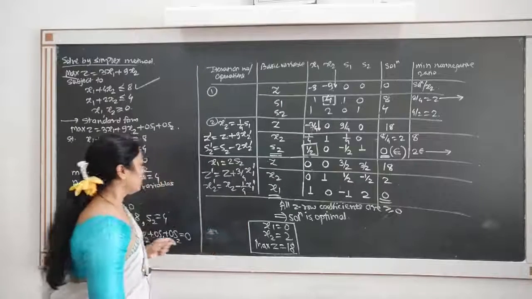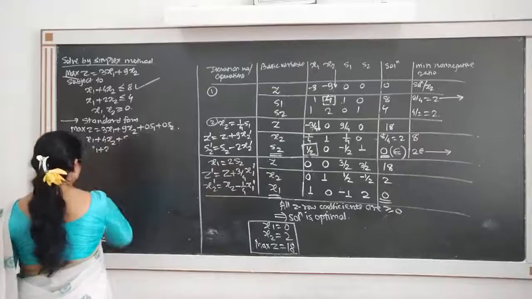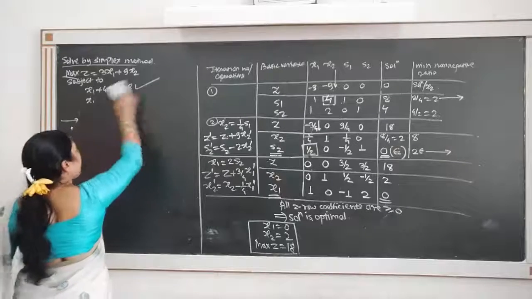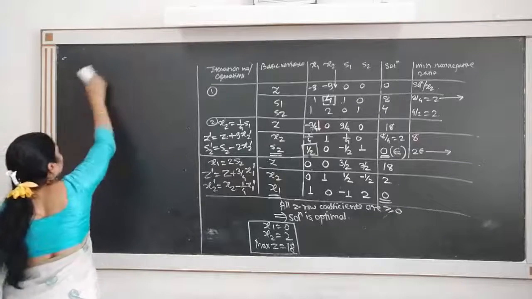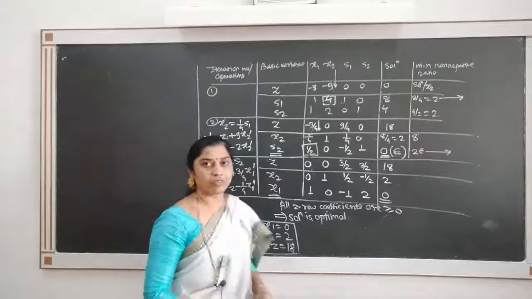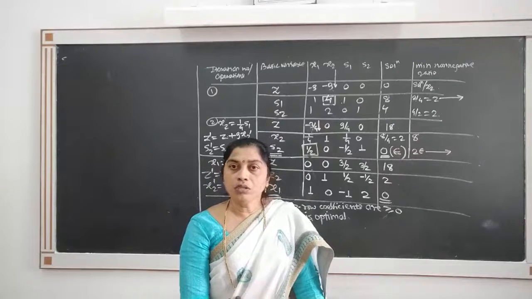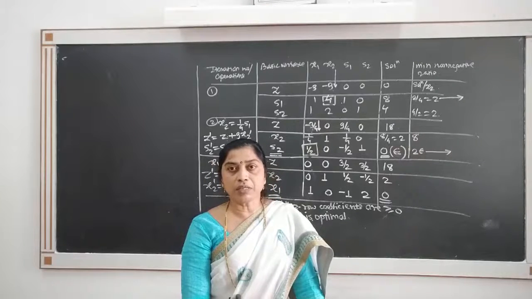So degenerate solution generally occurs due to redundancy, and it means that one of the basic variable takes 0 value in the optimal solution.